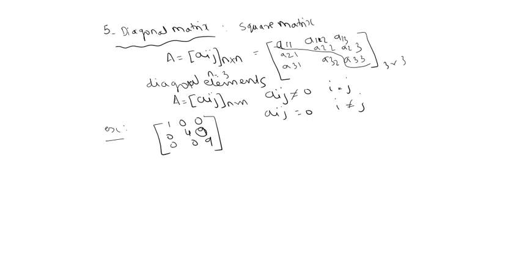The next type of matrix is the scalar matrix. A scalar matrix is also a diagonal matrix, but the difference is that all the diagonal elements are equal. So a square matrix is said to be a scalar matrix if it is a diagonal matrix with equal diagonal elements.